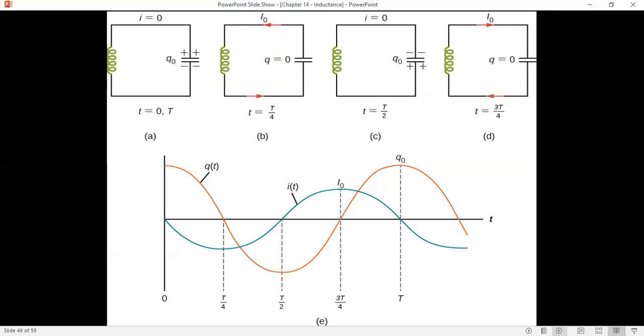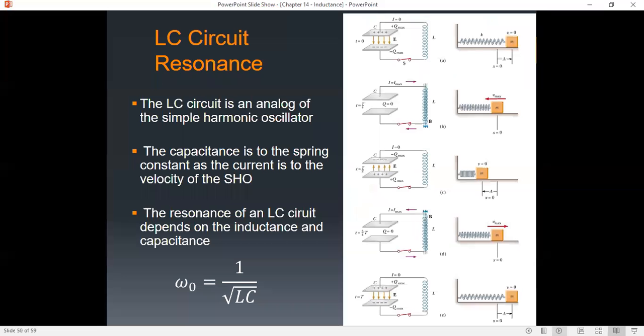What's interesting here is we can see that the current becomes out of phase with what the voltage and the charge is. And that'll be very, very important when we talk about AC circuits. So again, an LC circuit is the analog of a simple harmonic oscillator.